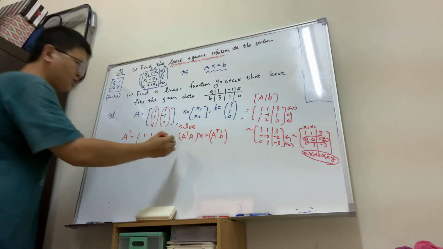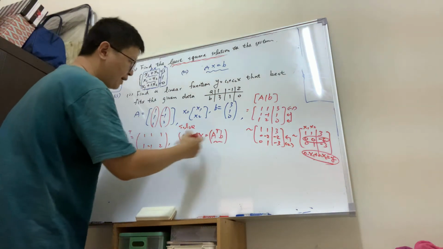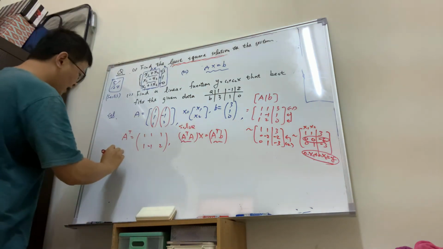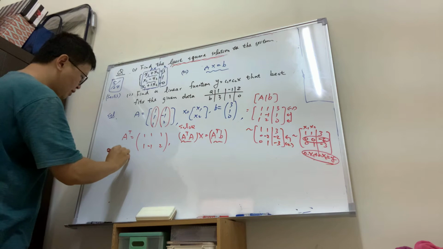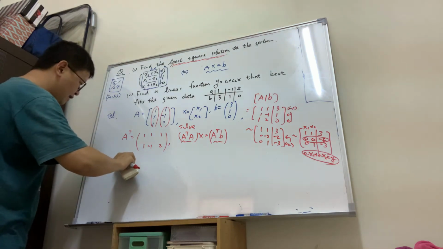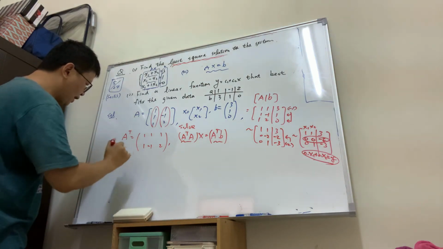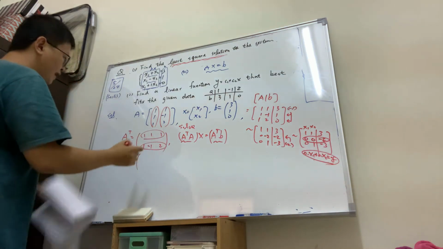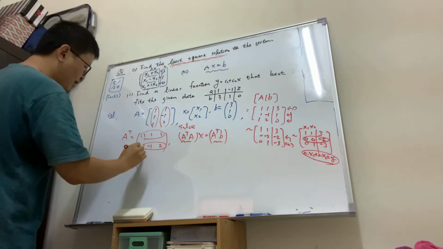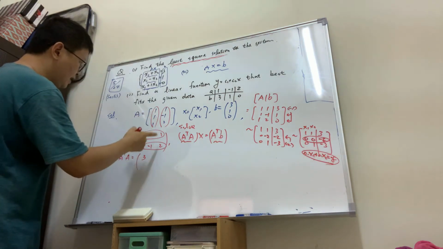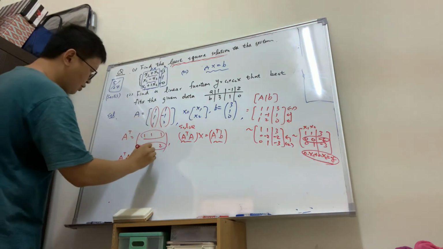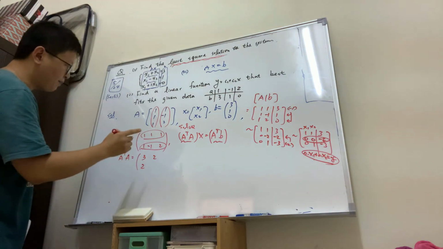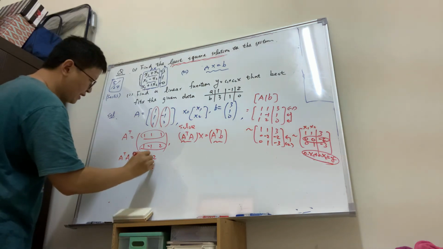Of course you should compute the matrix A transpose A and the vector A transpose b. It's just some computation. A transpose A is 1 plus 1 plus 1, which is 3; 1 subtract 1 plus 2, which is 2; and 1 plus 1 plus 4, which is 6.